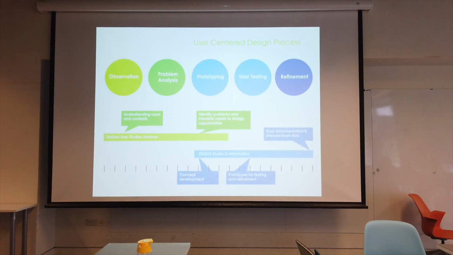In the second half of this class, based on your findings, you develop a concept and turn your concept into physical prototypes, and then you refine according to a series of user tests. At the end of this class, you provide the final prototype.